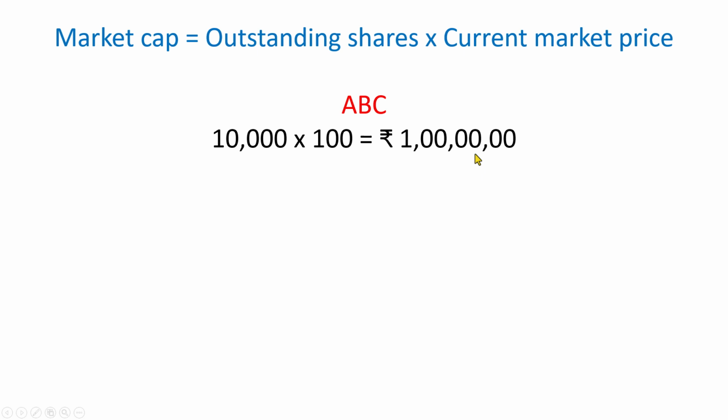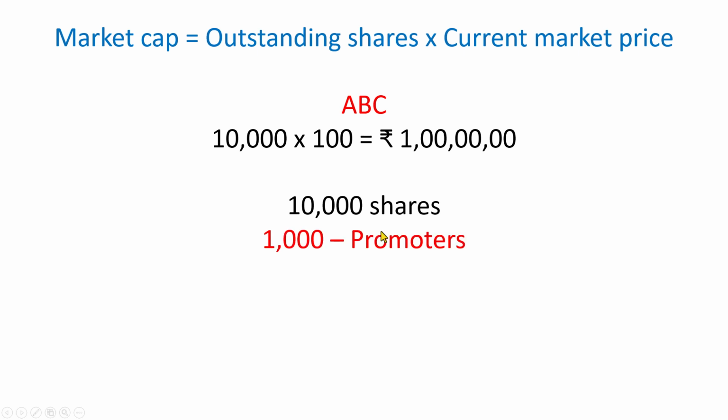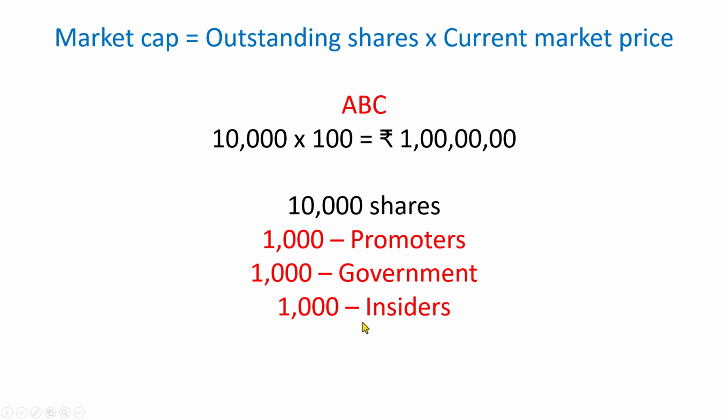Now, the thing is, out of the 10,000 outstanding shares of this company ABC, 1,000 shares may be with the promoters or may be held by the promoters. 1,000 shares may be held by the government. 1,000 shares may be with the insiders, meaning those who know the inside details of the company.